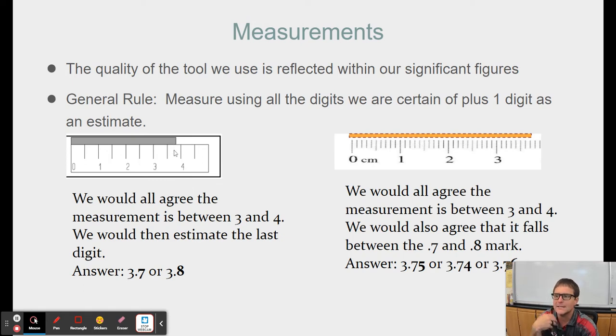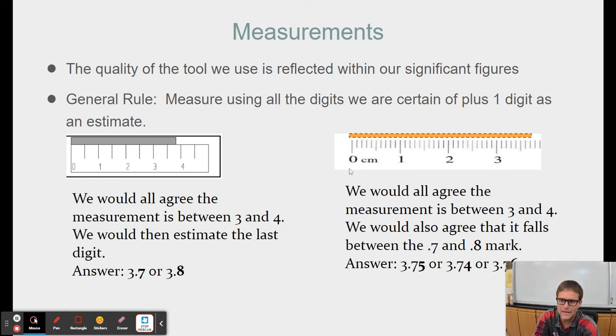That means the next digit is an estimate. Some of you may say that's about 1/7 of the way over, or 1/8 of the way over, so we would say 3.7 or 3.8. But that 0.7 or 0.8 is an estimate. So with this type of ruler, we are allowed to measure to the tenth and no more.